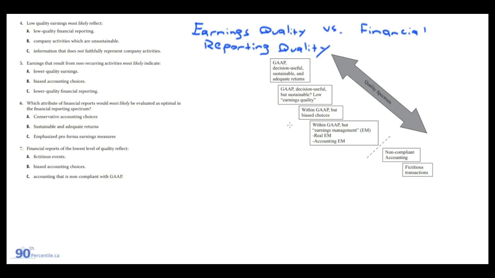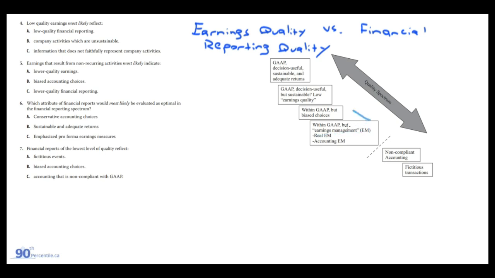And then coming down the list, this is where it just starts to get related to financial reporting, where we have some biased accounting choices. So it makes analyst life a little bit more difficult when they're looking at financial statements. And then going even further down, we have some earnings management.